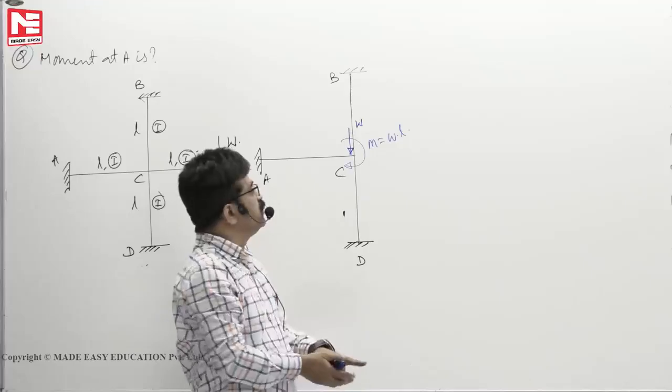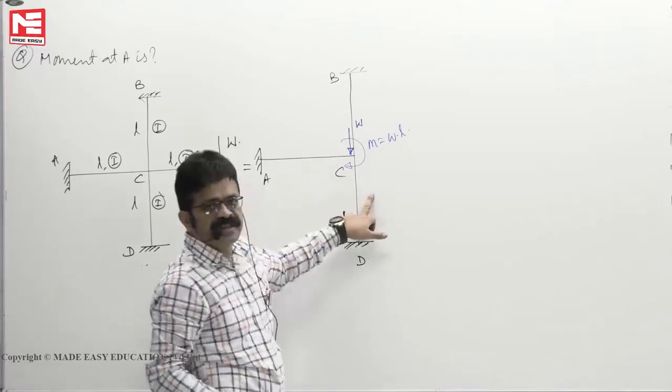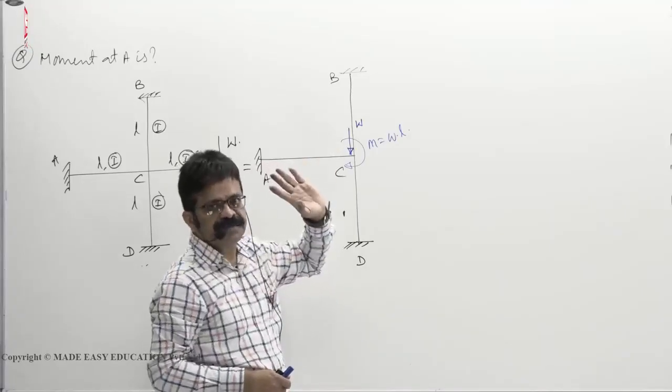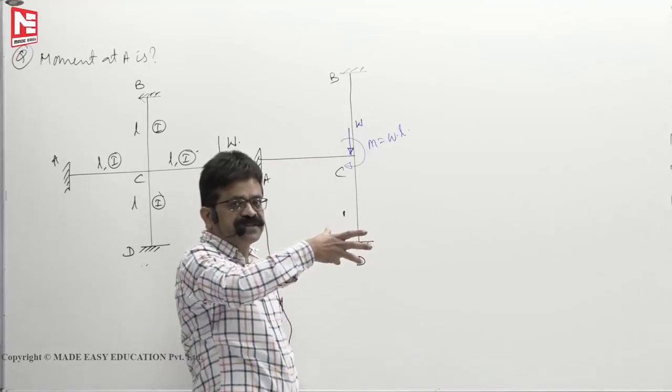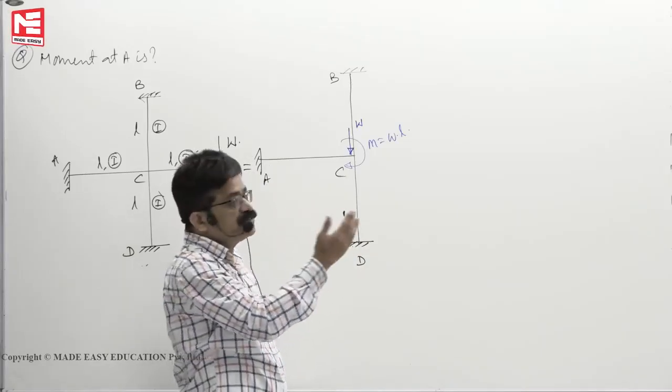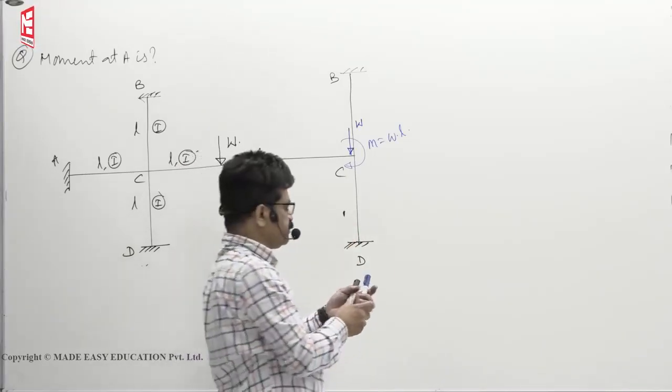Because all members are equally strong, with the same L and EI, and conditions are the same, your applied moment gets distributed to all members equally. So the share is equal.